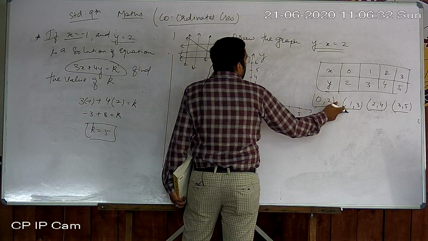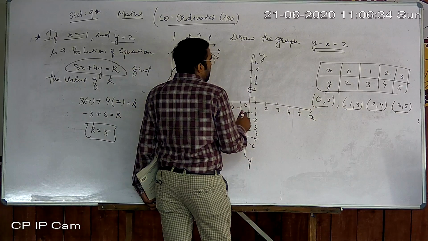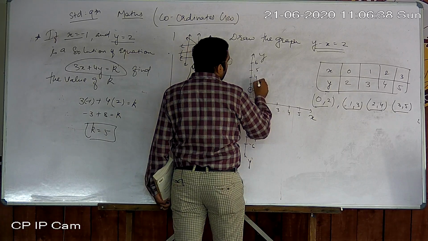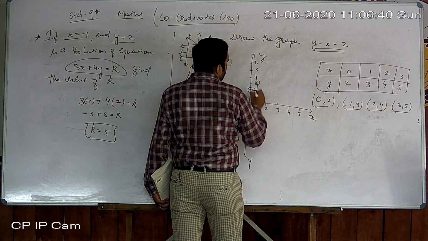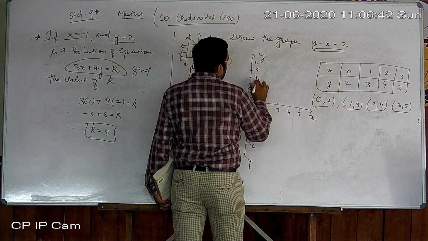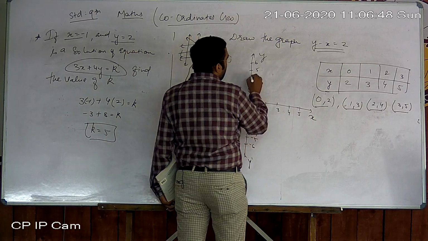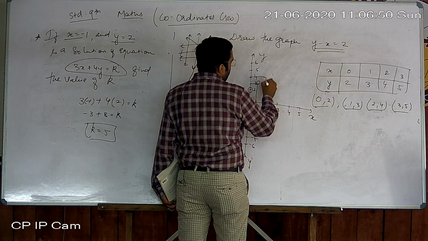Now take x equal to 1 and y equal to 3. My point is located here. Next, x equal to 2, y equal to 4, so my point is located here.